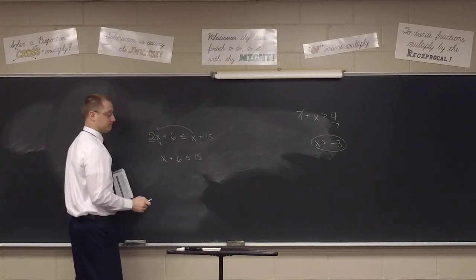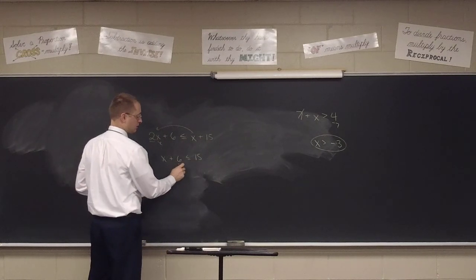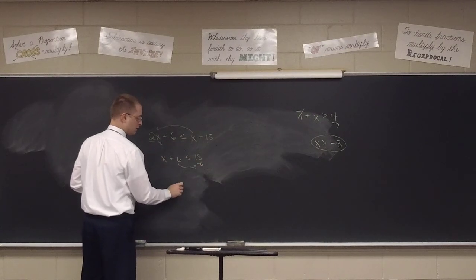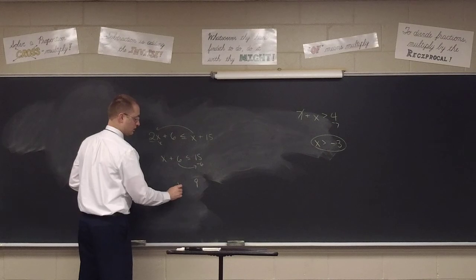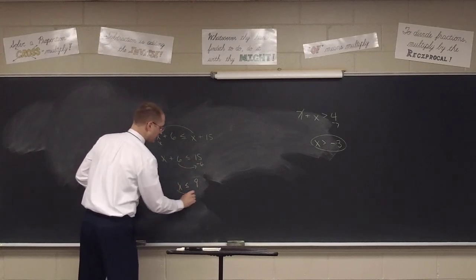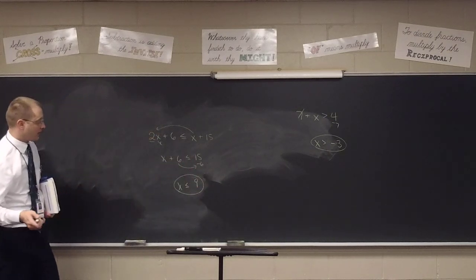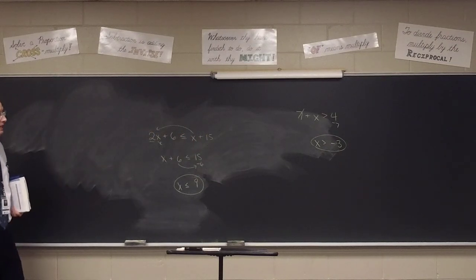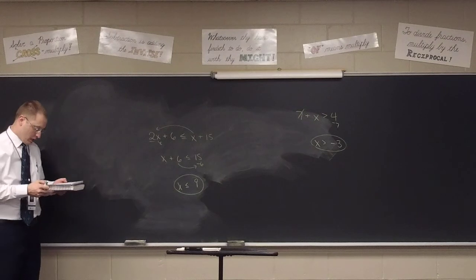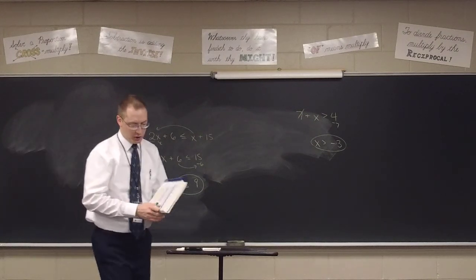And then? There we go. X is less than or equal to 9, and there's our answer. Again, I would have moved the 6 at the same time I was moving the x, just save a step because I'm lazy, but not wrong. Good job there.